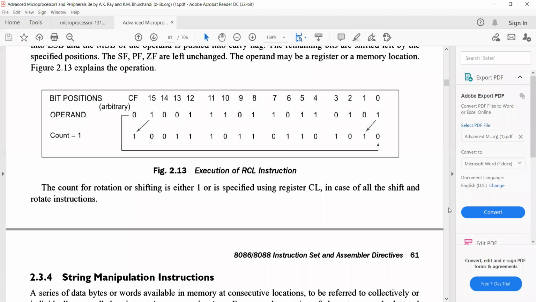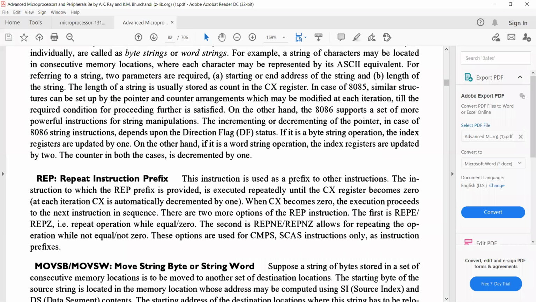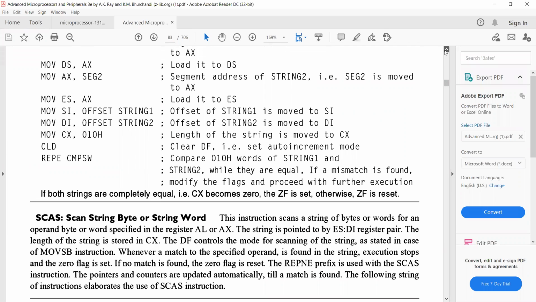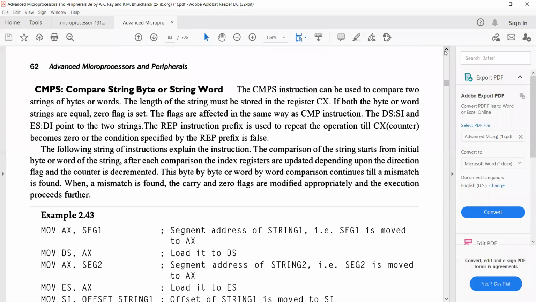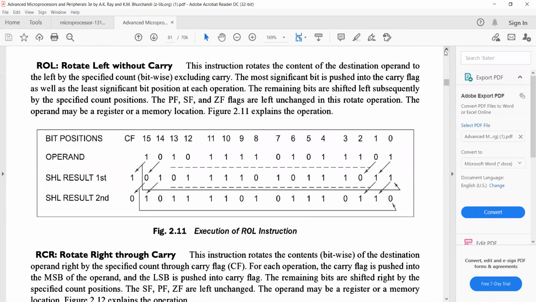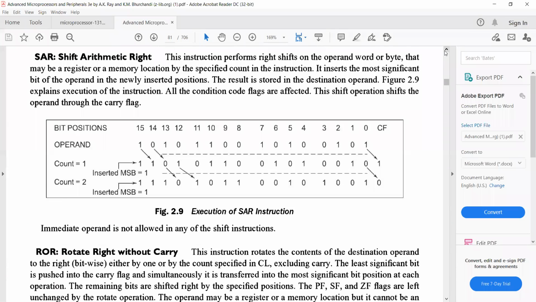The next category is string manipulation instructions, which we will see in the next class. I'll also forward this textbook to you. I covered almost all the instructions.